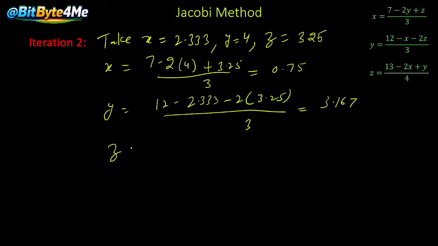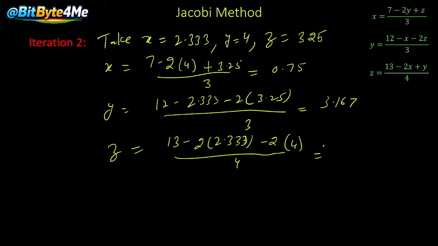3.167. And z is equal to 13 minus 2x, 2 into 2.333, minus 2 into y, that is 4, and divided by 4, this comes out to be 3.0833.